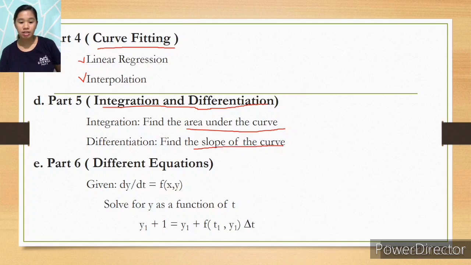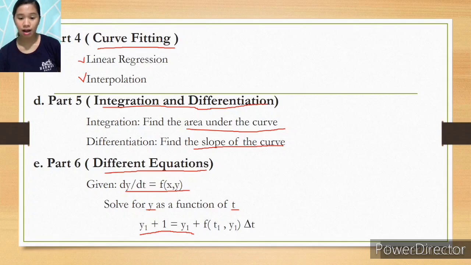Part 6 is differential equations. Given dy over dt equals f of t and y, solve for y as a function of t. So y sub i plus 1 equals y sub i plus f of t sub i and y sub i times delta t.